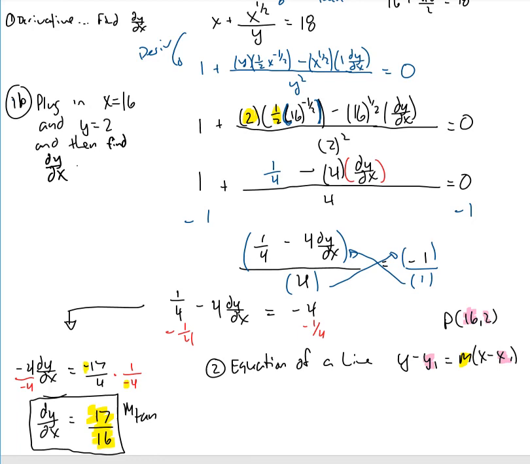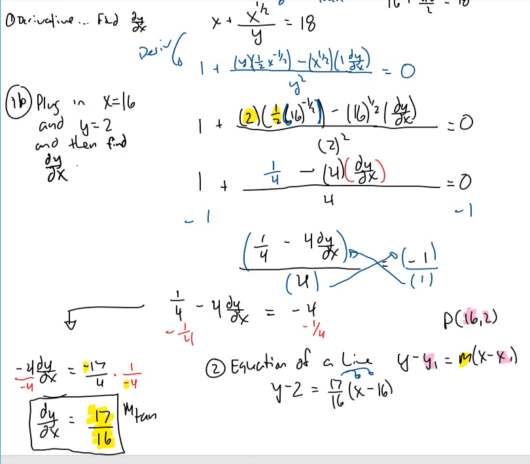Okay, so we have y minus y1, which is 2. So y minus 2 equals our slope of 17/16 times x minus x1, which is 16. And then now if I distribute, we're almost there.